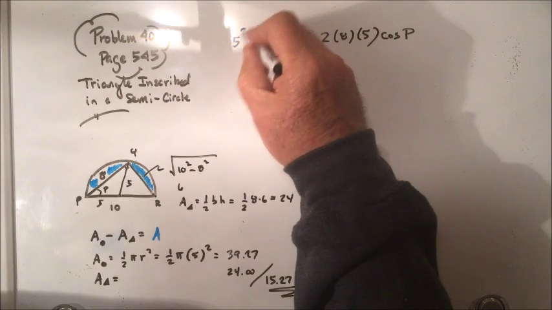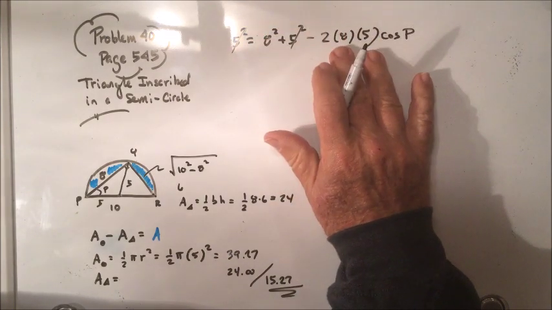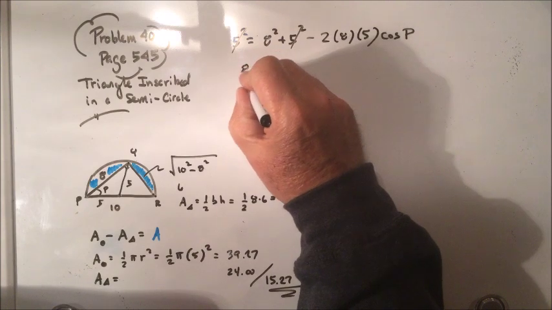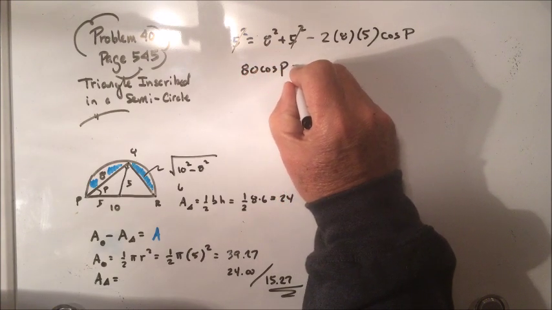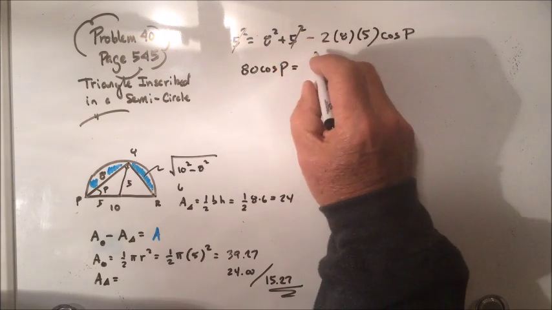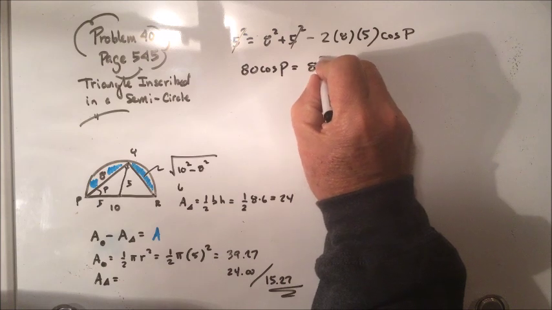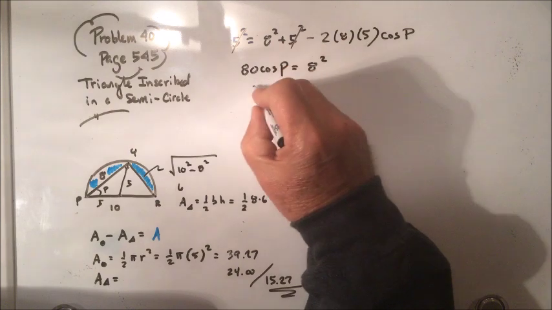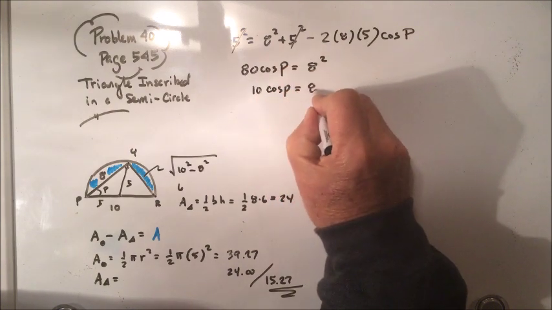I can say there's a 25 over here and a 25 over there. Let's put this over there. 40 times 2 is 80. So 80 cosine P is equal to 8 squared, and I'm going to take 1/8 here and 1/8 there and write that 10 cosine P equals 8.